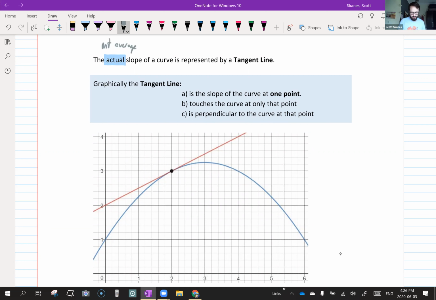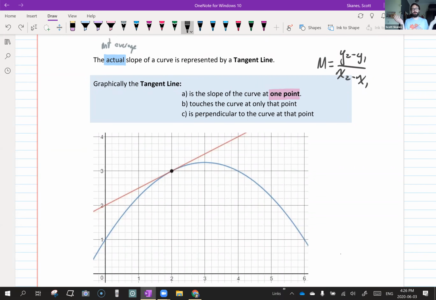The problem is, and this is a big problem, graphically the tangent line is the slope of the curve at only 1 point. Let's just think about that for a second. When we get the slope formula, we need 2 points. 1 point, 2 points. The tangent has 1 point.